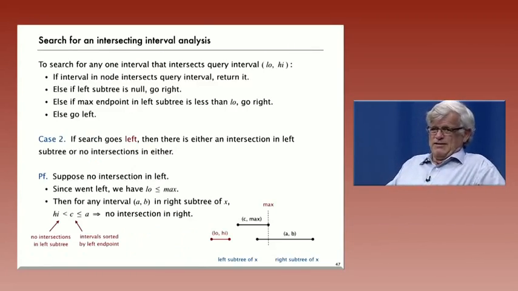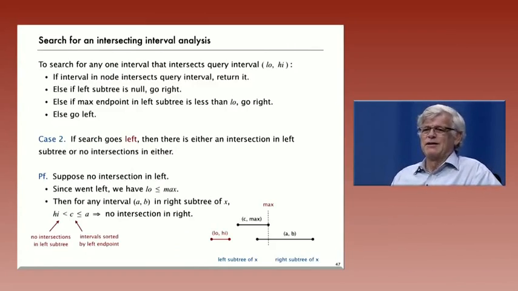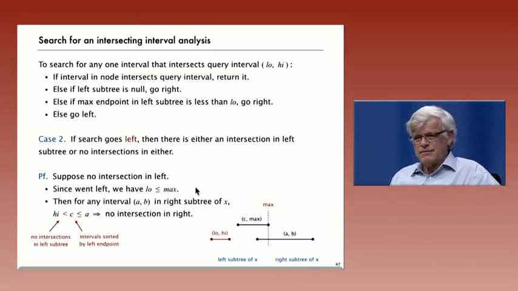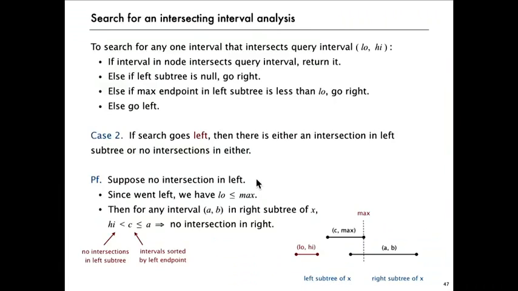And then the other point is that if you go left, then either there's an intersection there or there are no intersections at all. Let's suppose that there's no intersection in the left; we need to show that there's no intersection in the right. Since we went to the left, we've got low less than max.